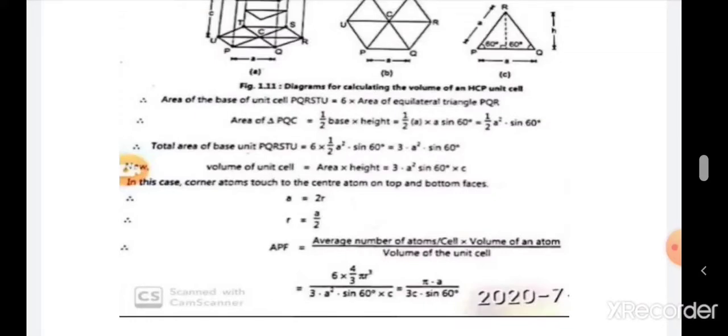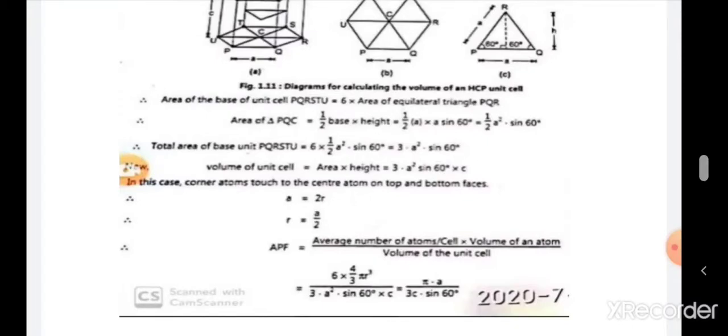As we already learned, in numerator we get 6 into 4 by 3 pi r cube. Now the volume of unit cell will be 3a square sin 60 into c. Now if you start solving it, 3 gets cancelled. Instead of 6 we get 2.